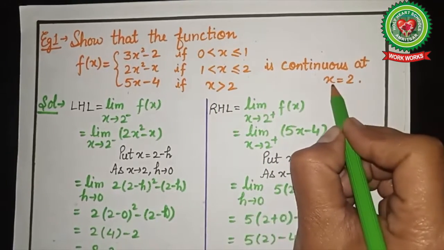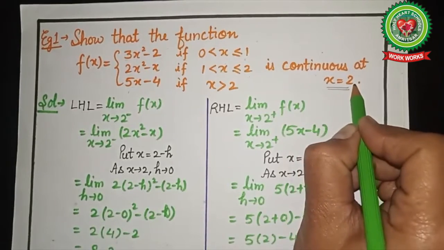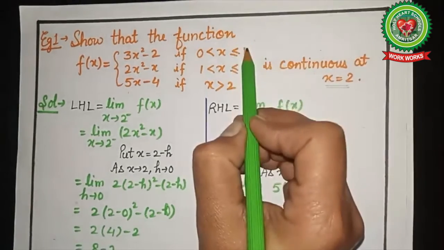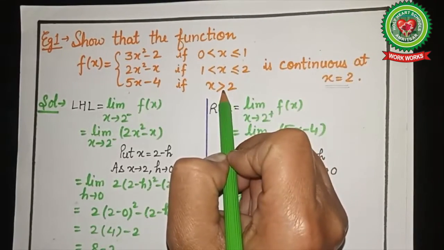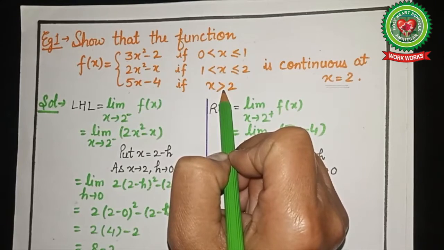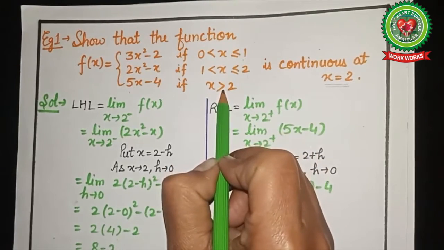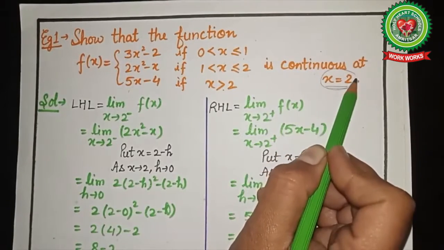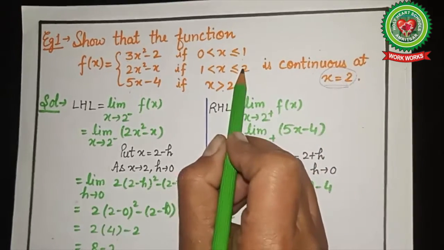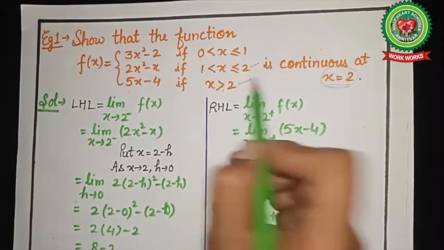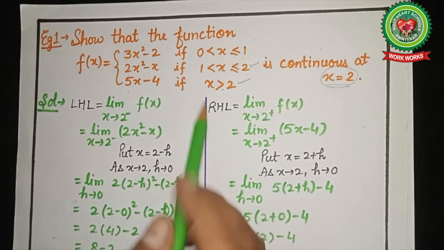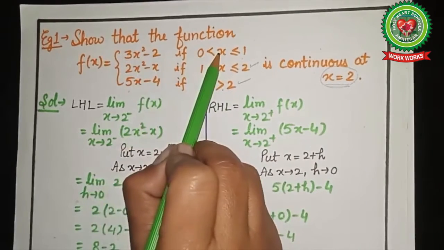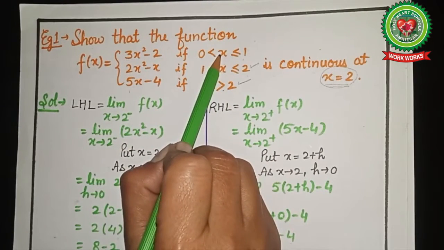We have to check the continuity at 2. Now the function is divided into 3 parts. We have to select the function according to the question. Now for checking continuity at 2, these two functions will give us the values. The first function is of no use for this question.